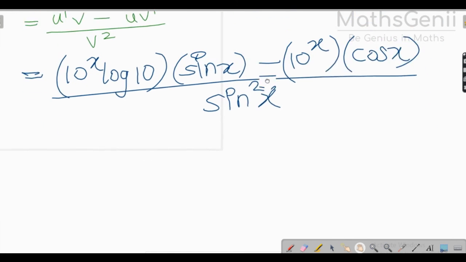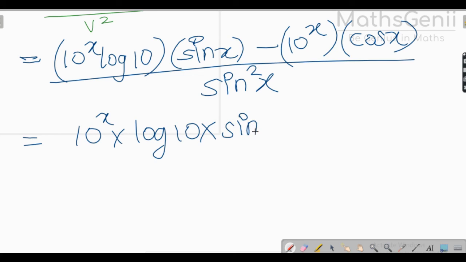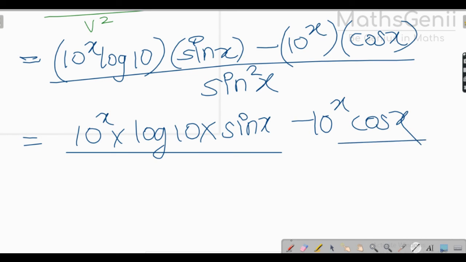Let's just solve this completely. Now the derivative is over. Now whatever is remaining is just simplification. How can we simplify this further? This sin square x will go to both these parts. Instead of sin square x, can I write sin x into sin x?